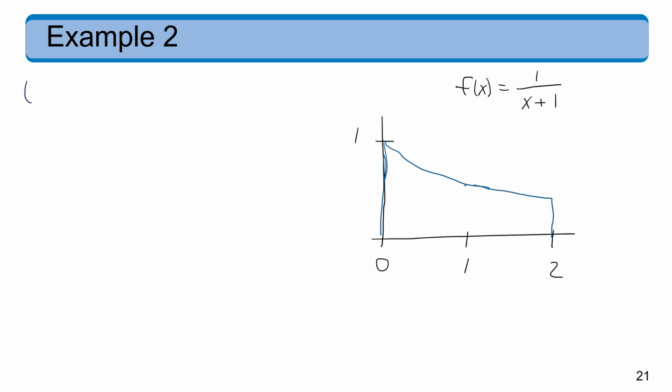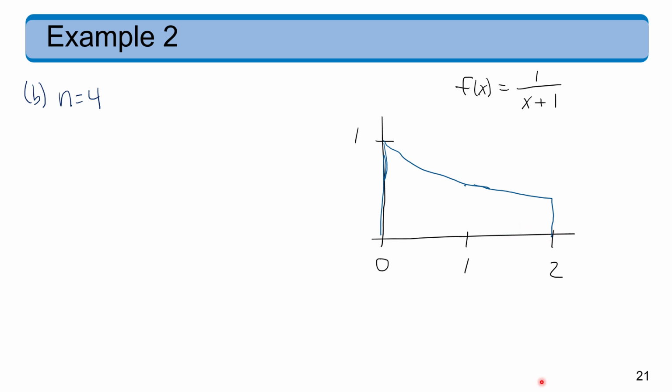Now for part B, we were asked to use 4 rectangles, and we're still going to use midpoints to determine the heights. So we want to take our x interval from 0 to 2 and divide it into 4 equal pieces. So again, it's pretty clear where those subdivisions are going to be. You'll have one at 0.5, 1, 1.5, and then the last at 2.